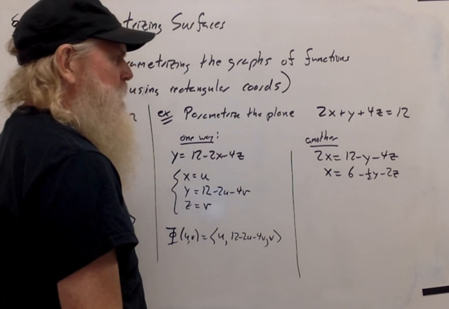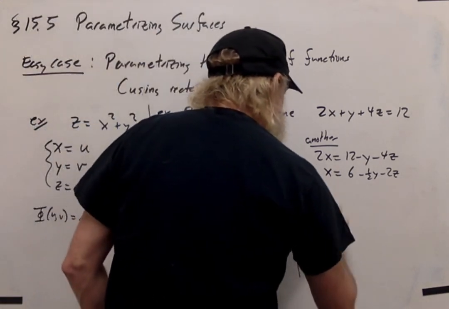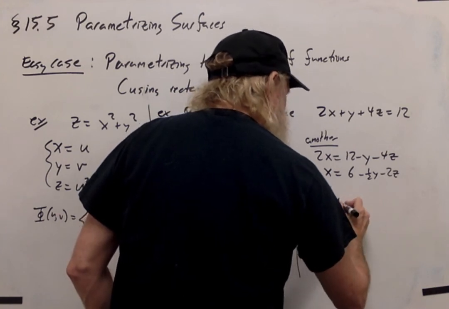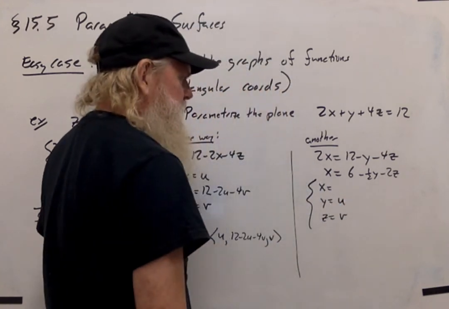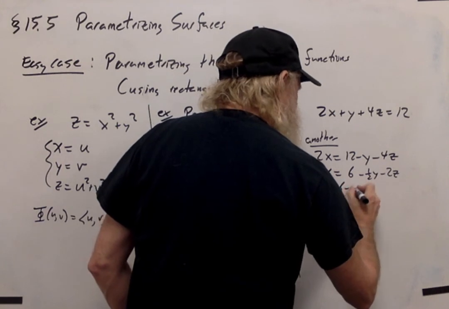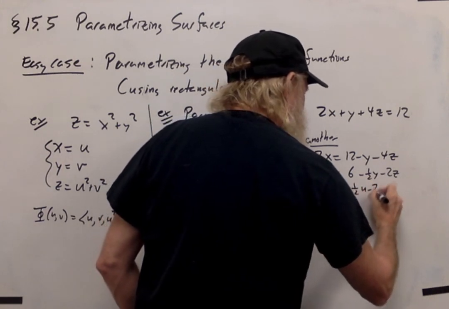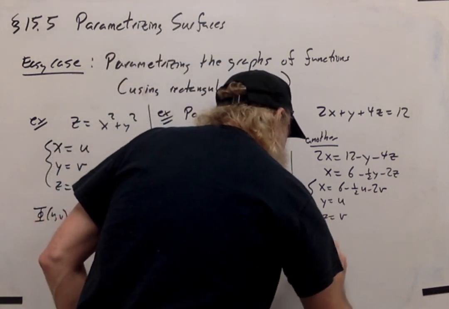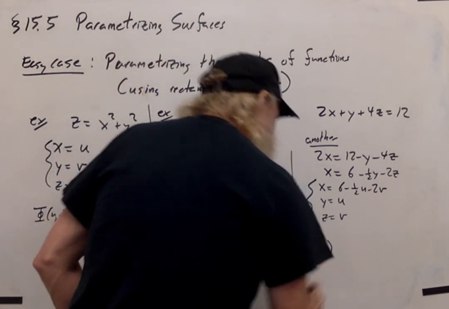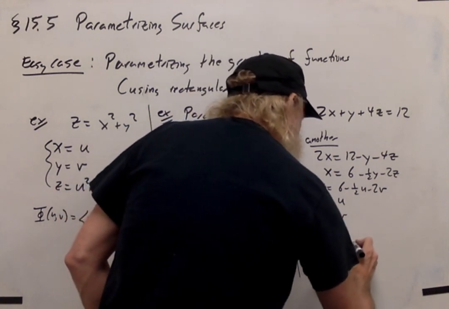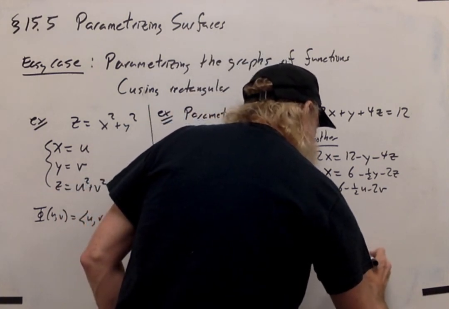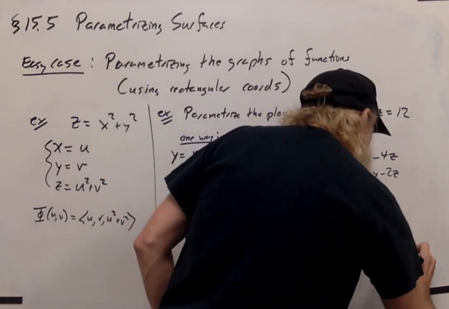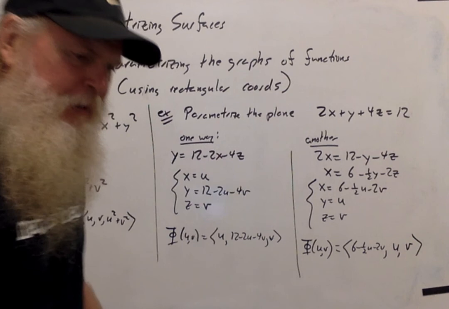So x is written in terms of y and z. So that means I'll set y equal to u and z equal to v, and x will be 6 minus 1/2 u minus 2v. Or using the phi notation, phi of u and v is equal to 6 minus 1/2 u minus 2v, comma, u, comma, v.